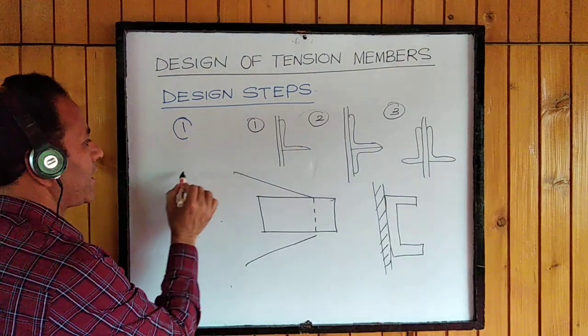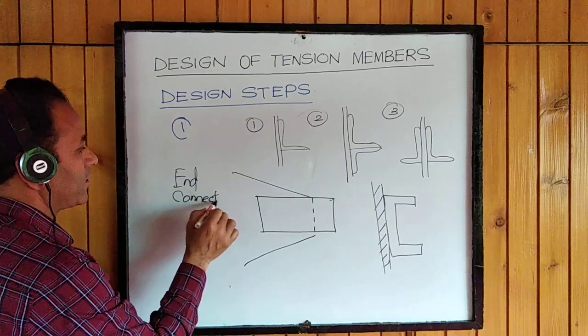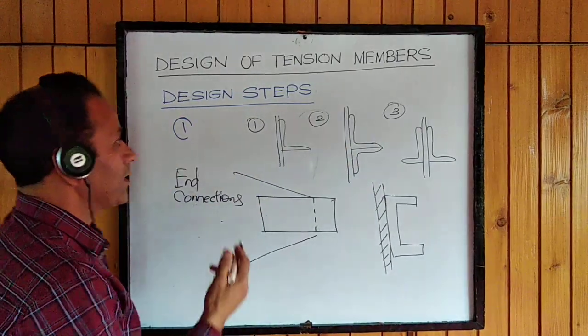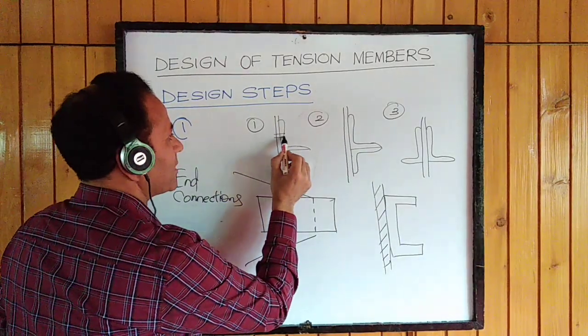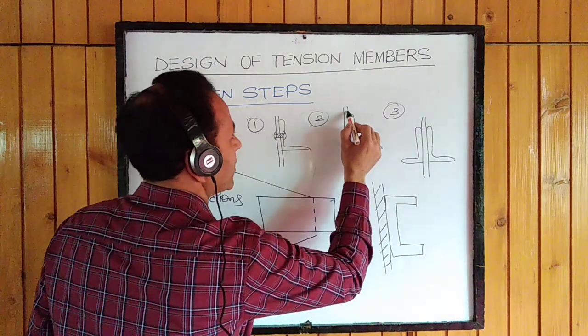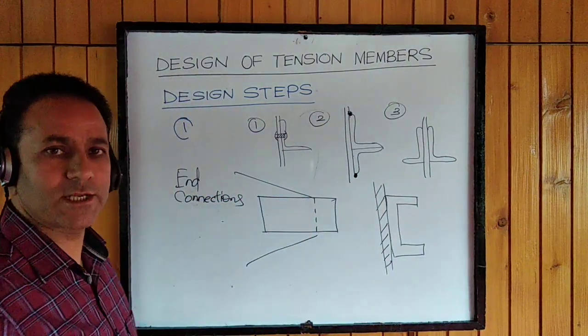Plus end connection: end connection detail must be provided to the designer, whether we have to carry out the design using a riveted connection, or there can be a choice of welded connection also. There may be fillet welds provided to connect the member to the gusset plate.